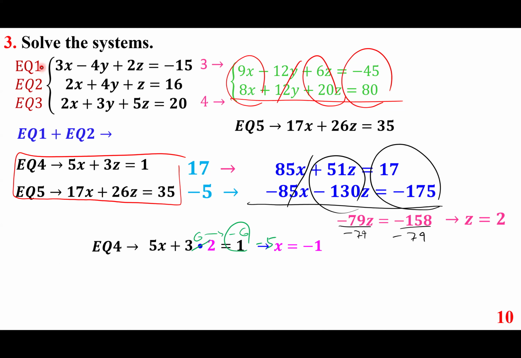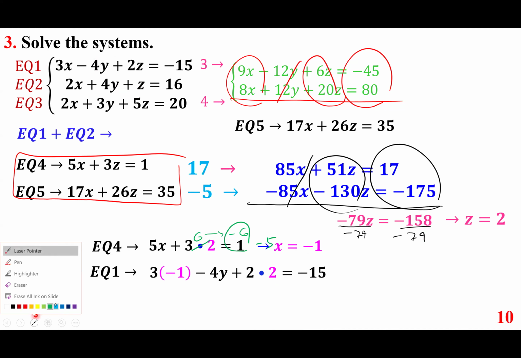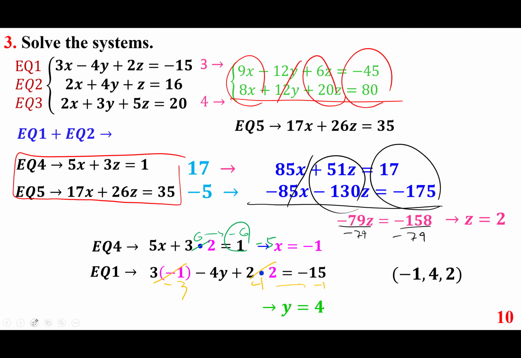For example, equation 1, 3 times x, that means 3 times negative 1, minus 4y, plus 2 times 2, negative 3 and 4 is 1. Move it to the other side, minus 1, and divide by negative 4 is positive 4. And the triplet is negative 1, 4, 2.